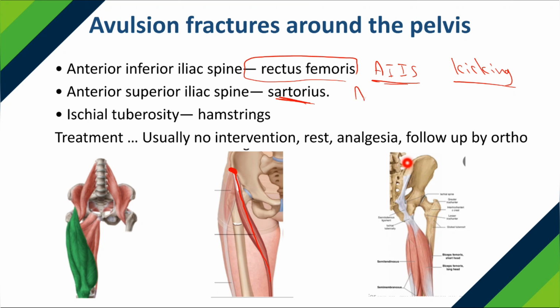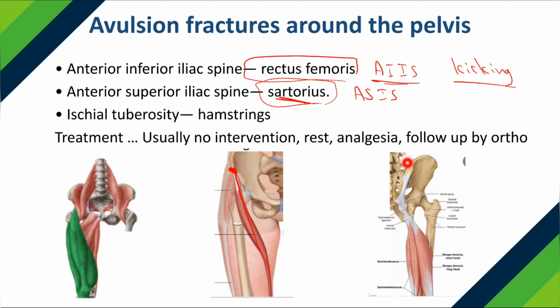The anterior superior iliac spine is attached to the sartorius. This can occur during sudden movements like jumping and rapid changes in direction. So the mechanism of both is the same: rapid or powerful movement leads to powerful contraction that pulls on the bone and causes fracture.